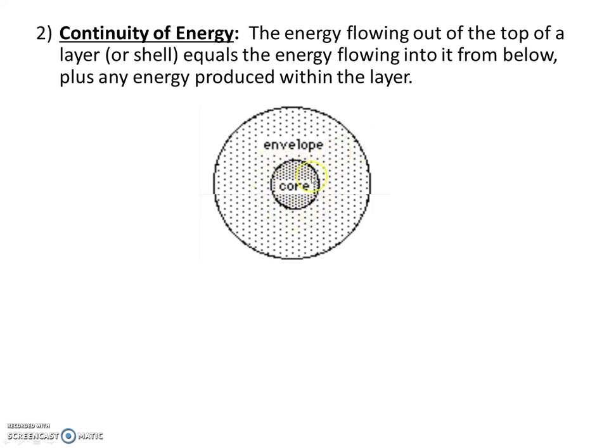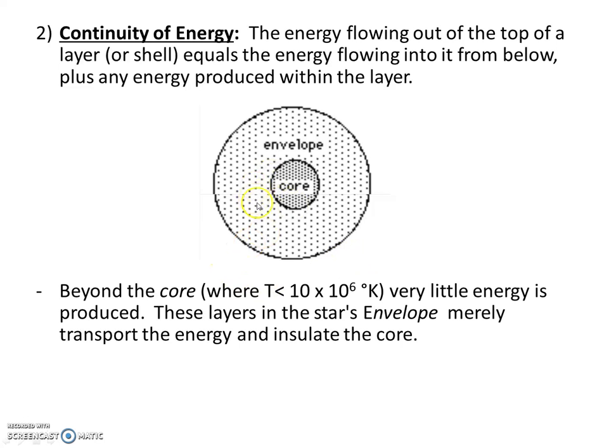And the envelope is just there to transport that energy outward slowly and to keep the core nice and happily warm. Okay? So that is continuity of energy. Beyond the core in the envelope, where the temperature is less than 10 million degrees, very little energy is produced.